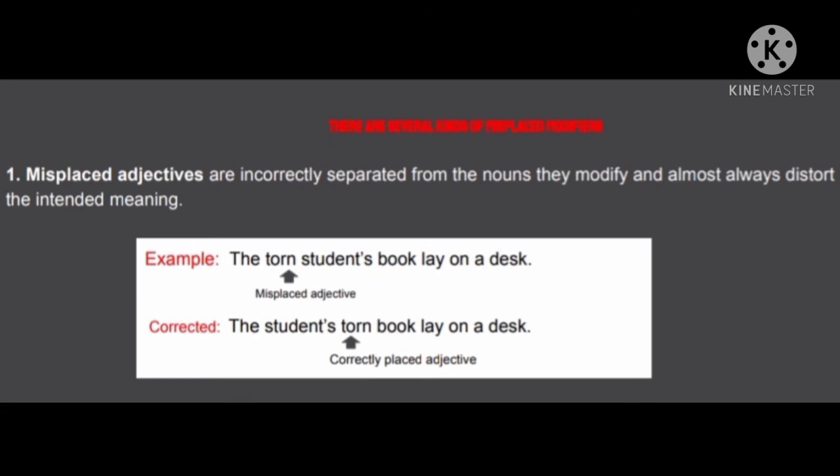For example: The torn student's book lay on a desk. The misplaced modifier adjective there is the word torn, because it modifies here the word student, the noun. It is what we call the misplaced modifier.